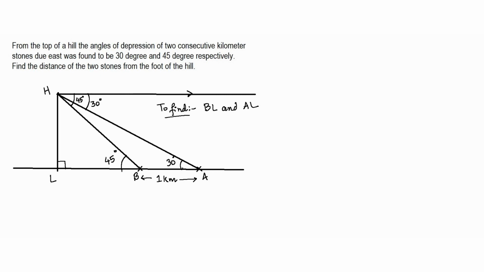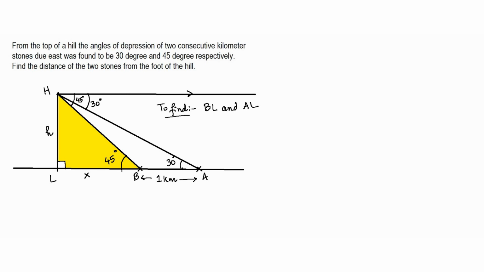So if you notice, every time we are converting an angle of depression problem into an angle of elevation problem. Over here we now have two variables. Let the height of the tower be h and let the distance LB be x. So I can first take the triangle HLB.